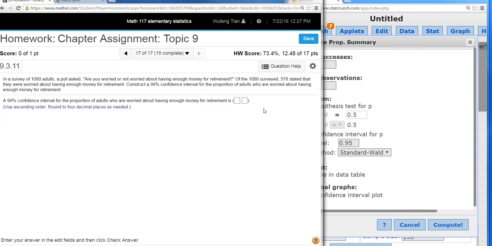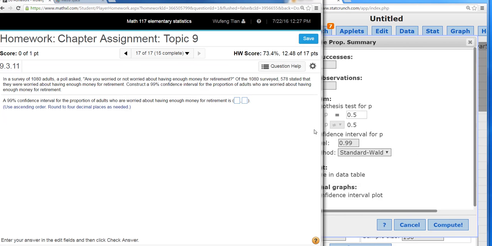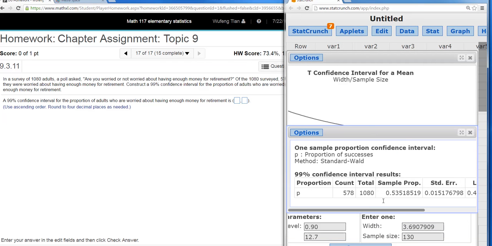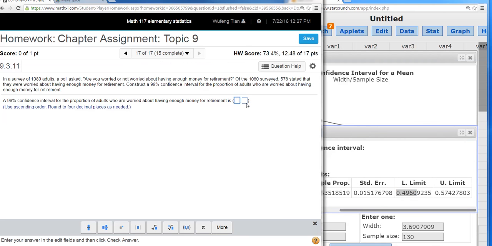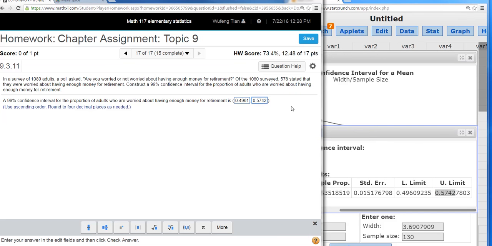And confidence interval, 99%. And it said 99% who worry about having enough money for retirement. So just compute it. Let me see. It's 0.49, 4 decimals. Change the last one to 3 because of the rounding error.